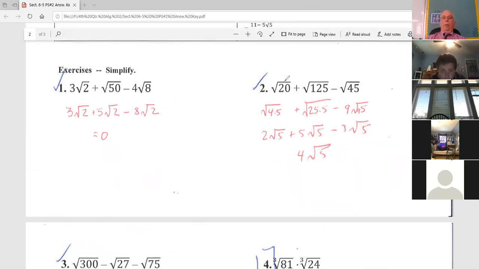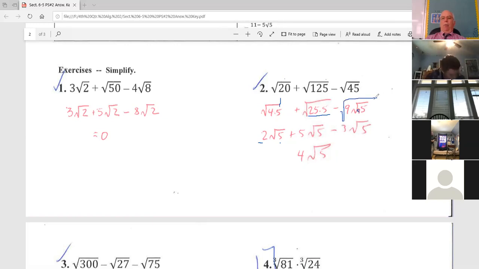All right, so 20 is the same as 4 times 5, right? So the 4 can come out from the radical as a 2, and 5 stays underneath the radical. 125 is the same as 25 times 5, so the square root of 25 comes out from the radical as 5 and leaves a radical 5 under the radical. 45 is 9 times... oh, that's kind of messed up.